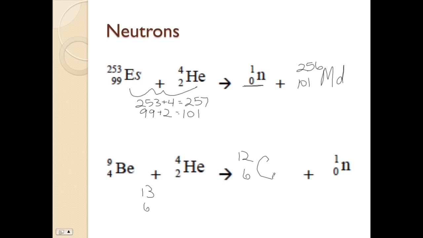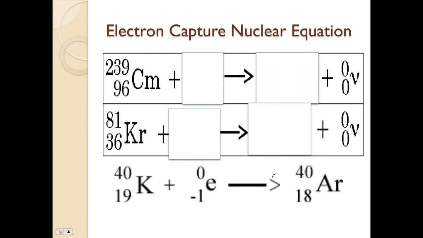Regardless of which type is going on, it's the same math the whole time. You make sure your top numbers and your bottom numbers add up on both sides. Then which type of reaction it is just depends on what particle is going on. This one involving neutrons is technically kind of alpha capture. If we have electrons being picked up, it's electron capture.